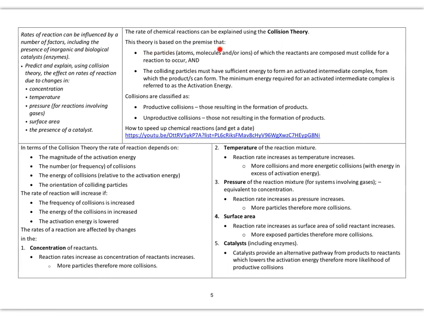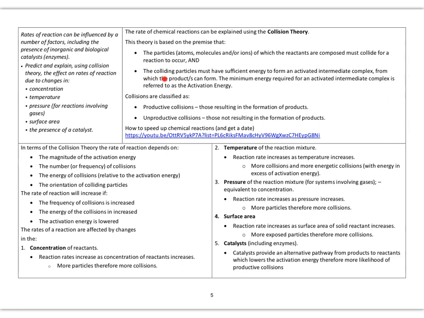The theory is based on the premise that the particles, that's the atoms or molecules or ions, of which the reactants are composed must collide for a reaction to occur. So we can't get a reaction unless 2 of the particles that are going to react bang into each other, which sort of makes sense. Like, for 2 things to form something new, they have to come into contact with each other, so they have to collide.